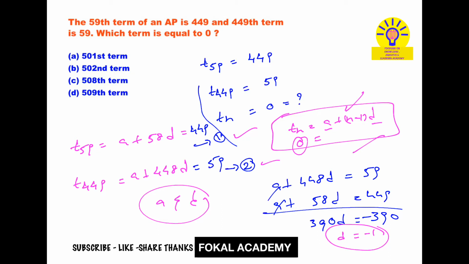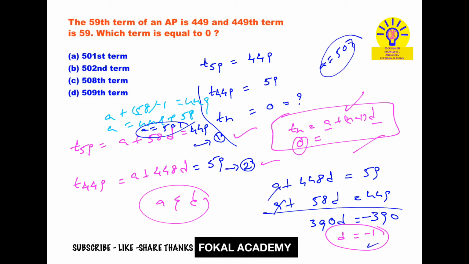Now substitute minus 1 in any one equation, 1 or 2, then we get the A value. So A plus 58 into minus 1, that's equal to 449. So A is equal to 449 plus 58. Then A becomes 507. So A is equal to 507 and the common difference D is minus 1.